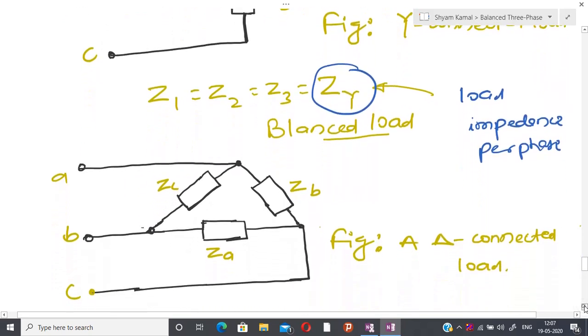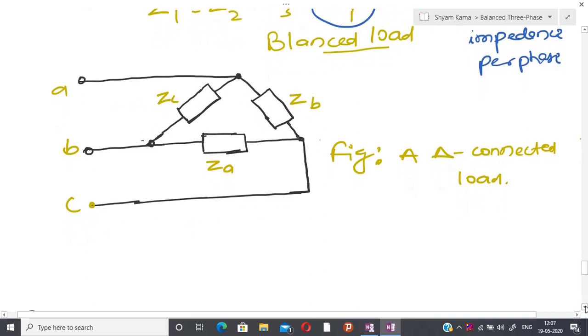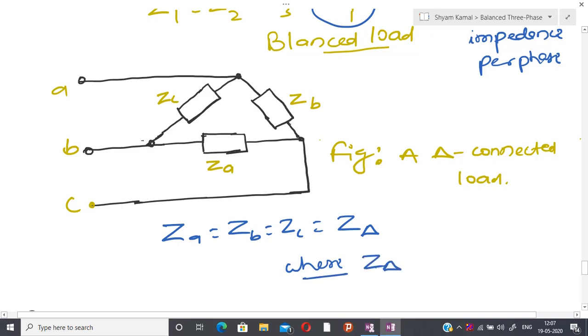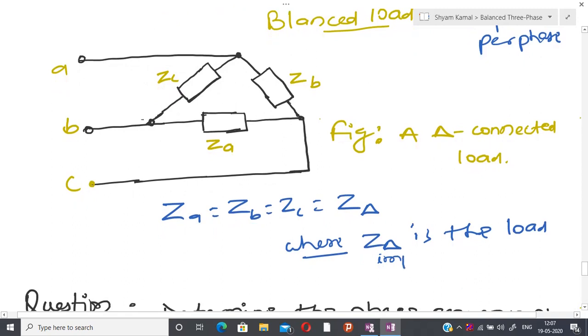Similarly, if we talk about the balanced delta connected load, at that time I am able to write ZA equal to ZB equal to ZC, and that is equal to Z delta, where Z delta is the load impedance per line.